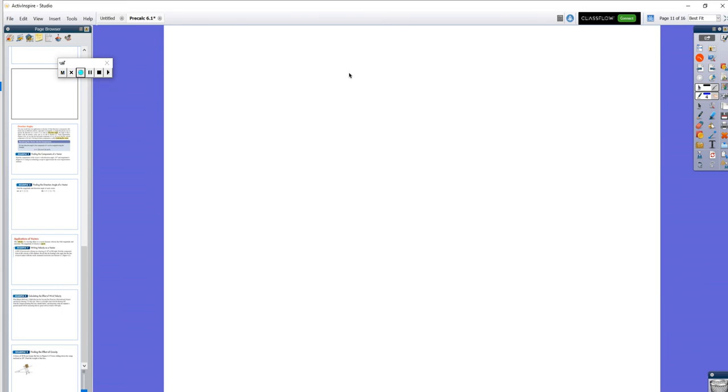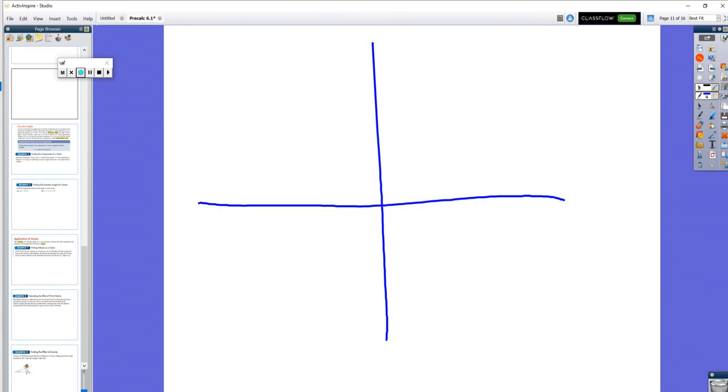You guys hopefully all remember the unit circle. And you remember that the horizontal component of the unit circle was cosine, and the vertical component was sine.